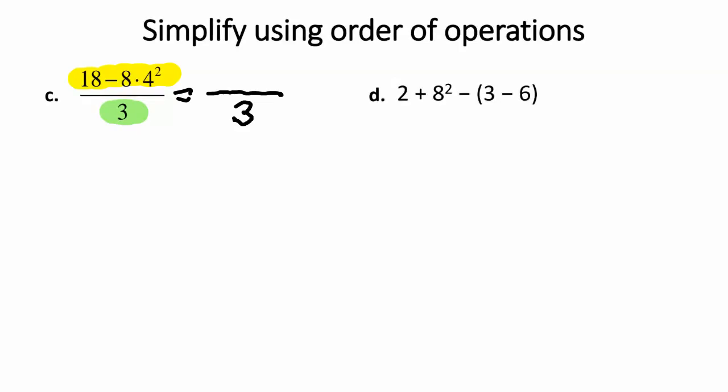Now, this one, you're taking the numerator only, because that answer has got to go above the 3. Well, this will give me 18 minus 8 times 4 squared. Order of operations. I don't have any parentheses, but I have an exponent right here.